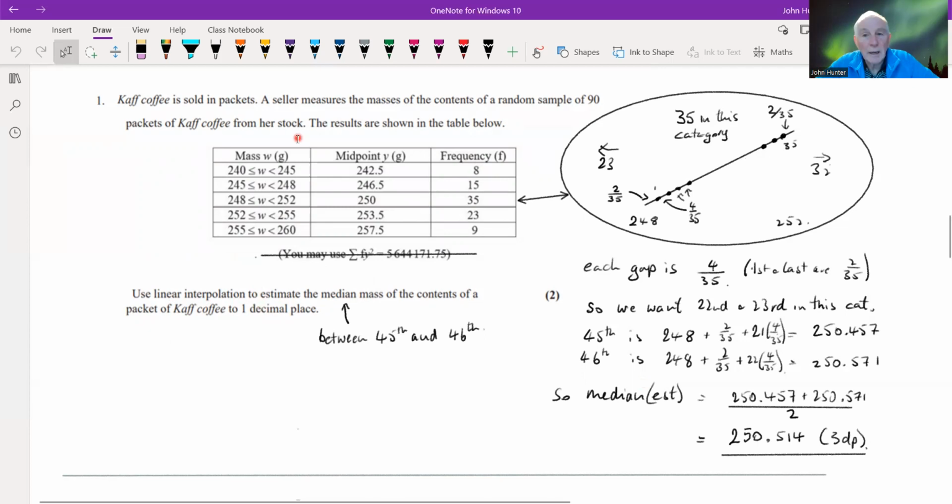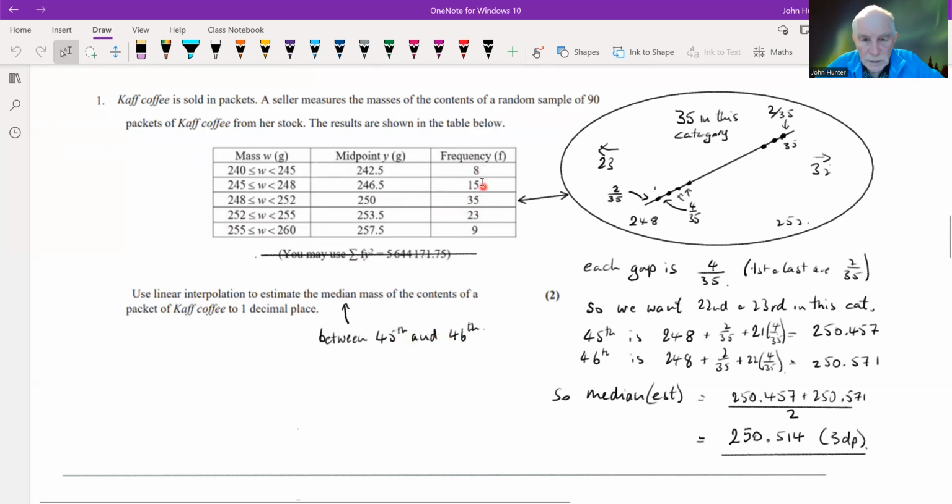Okay, so what are we doing here? Well, we've got 90. So the median is actually going to be, well, we haven't got a middle one, have we? It's an even number. So what we kind of want is the 45th and 46th, and then we'll just take the middle point. So we have to estimate where the 45th and 46th ones are.